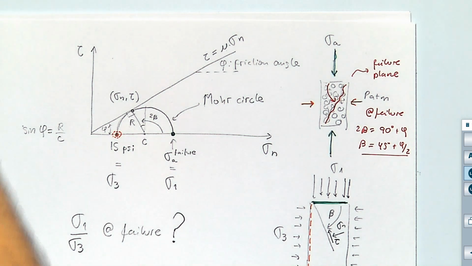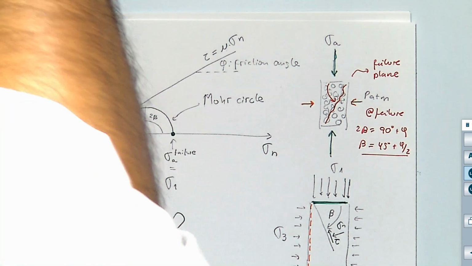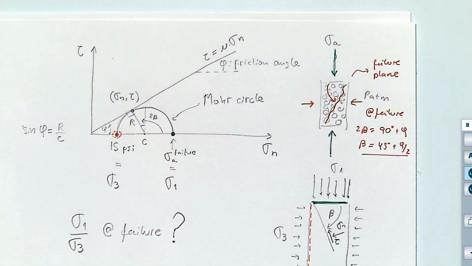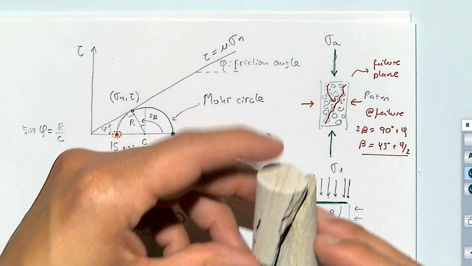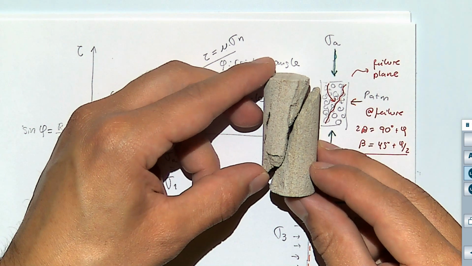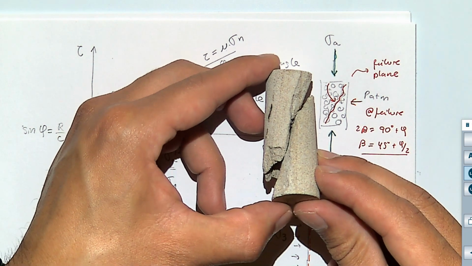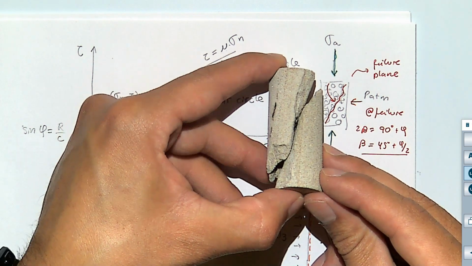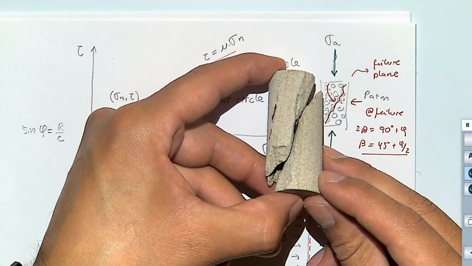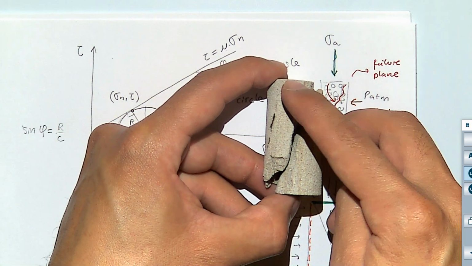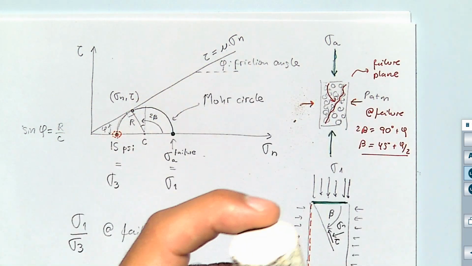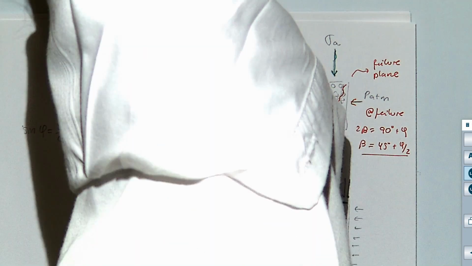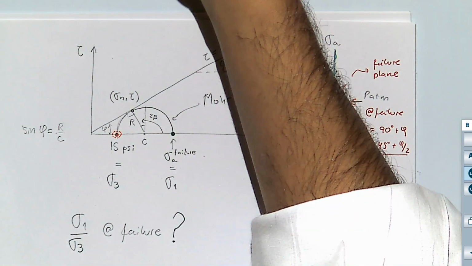If you remember from the test that we did in class, and I have here another rock, this is what you actually see when you fail a rock in shear. You see a steep angle, and when I say steep, I mean that it's higher than 45. So I think I have drawn some of these rocks.